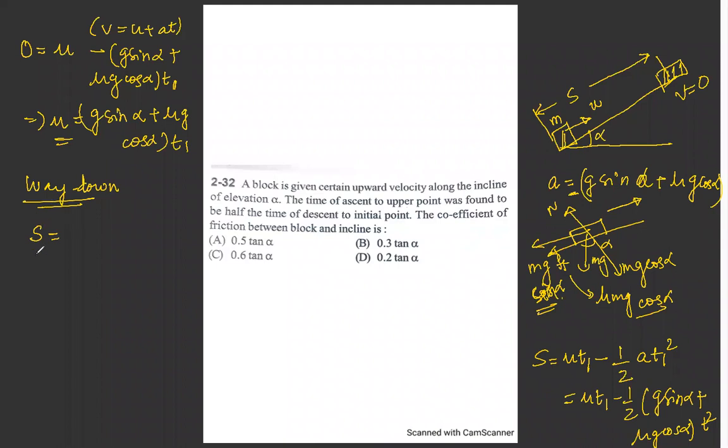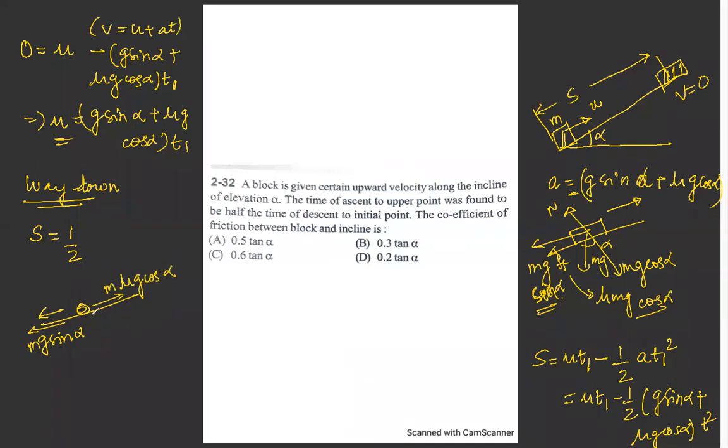And when the block is coming down, the block has a tendency to move in the downward direction. So we will be getting mg sine alpha in the downward direction, and here it is mu mg cos alpha, right?